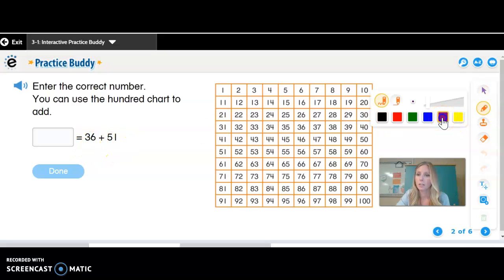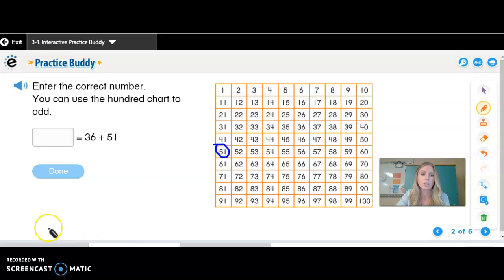Let's pick a crayon color. I'll do blue. 51. Will you find that on your chart, please? 51 and circle it. A nice, neat circle. Okay, so we're at 51. And then how many tens are we going to move down from here? 3. 1, 2, 3. And how many ones? 6. Let's move over. 1, 2, 3, 4, 5, 6.